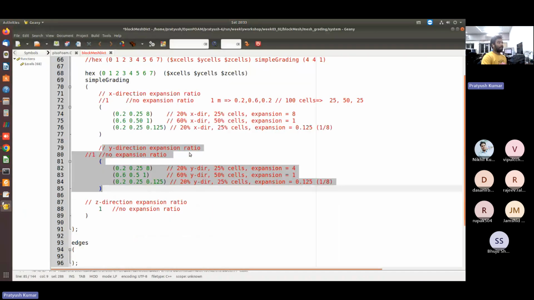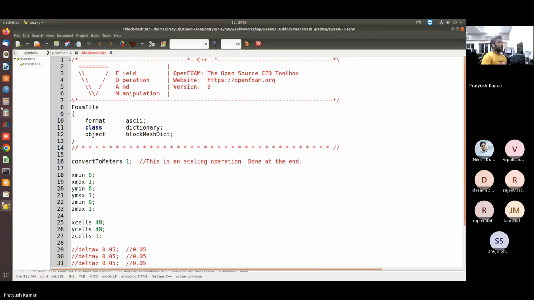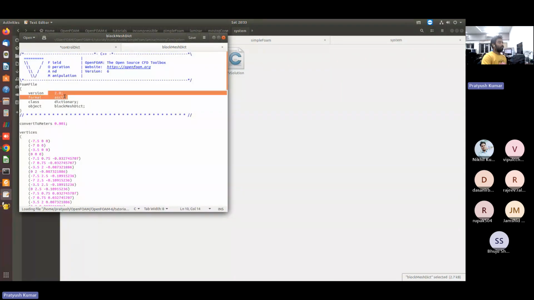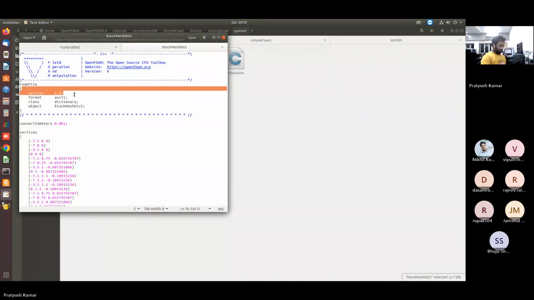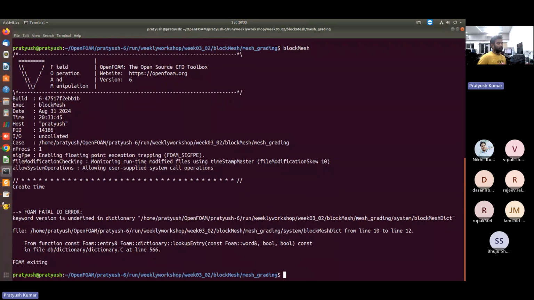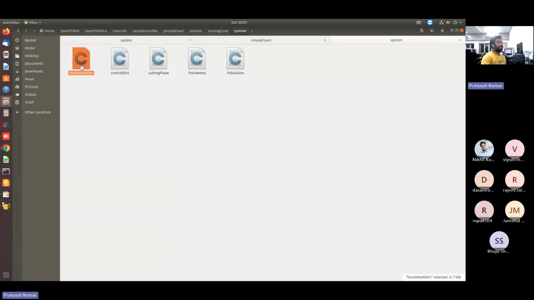We are getting an error because when you open any of the OpenFOAM 6 files, any examples, you are going to see version 2.0 written there. This has been removed in later versions of OpenFOAM, so that is why we are seeing the error. We need to fix this in every folder.